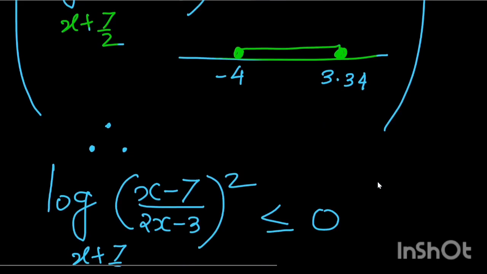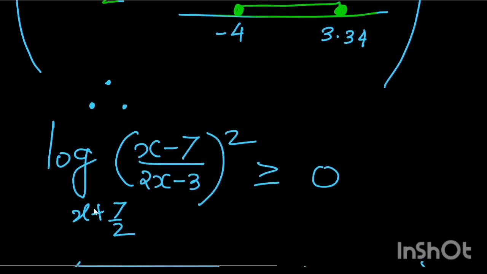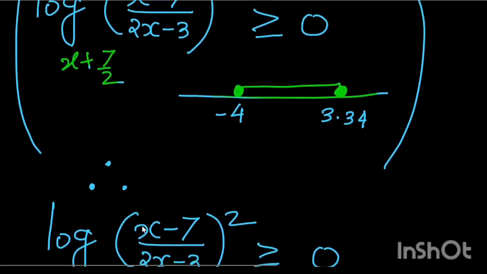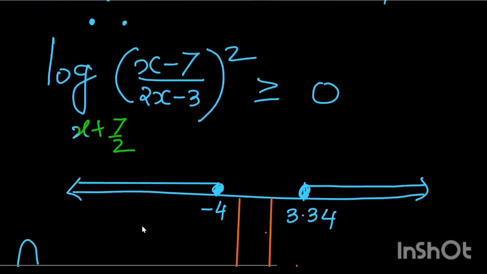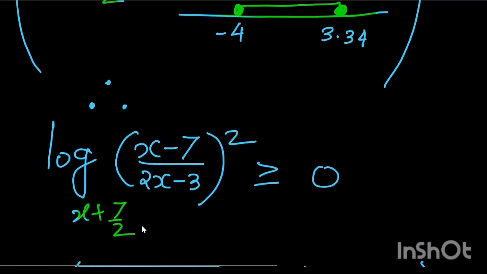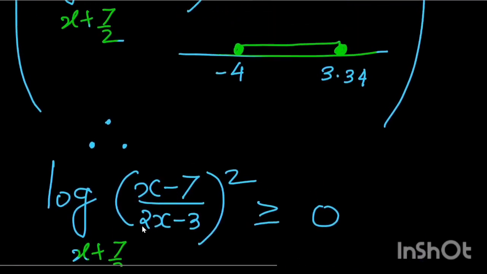So in the second case, if you take the base x plus 7 by 2 to be between 0 and 1, in that case the sign of the inequality would be reversed. So the answer would be R minus whatever we got in this.